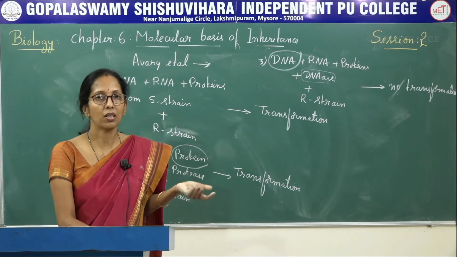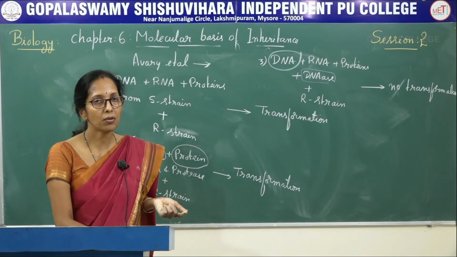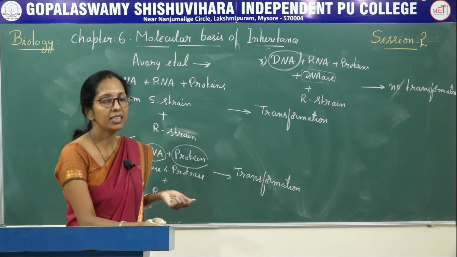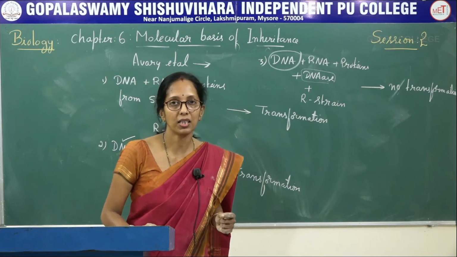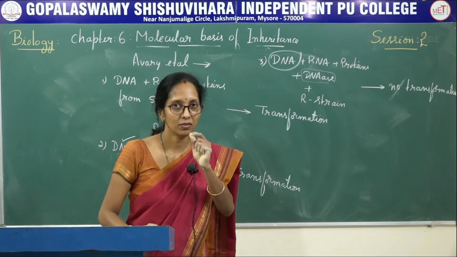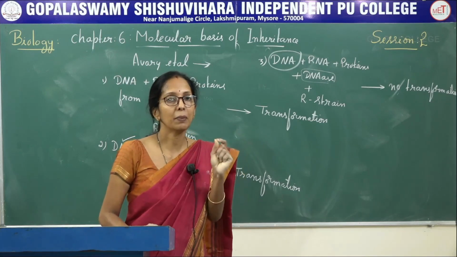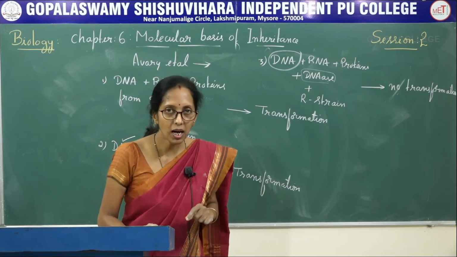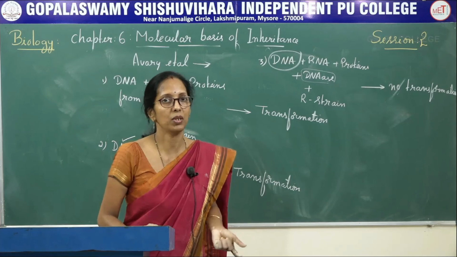It does not die because it is heat killed. If the R strain is injected into the mouse, it does not die because it is non-virulent. If the heat-killed S strain is mixed with the R strain, then a transformation takes place, because the genetic material from the S strain enters into the R strain, changes the R into S, so that it becomes virulent.